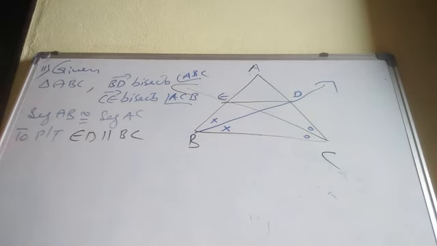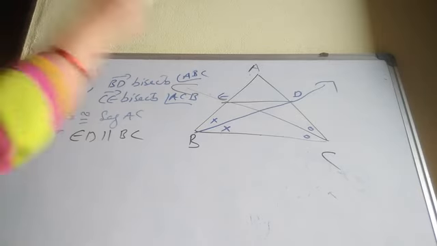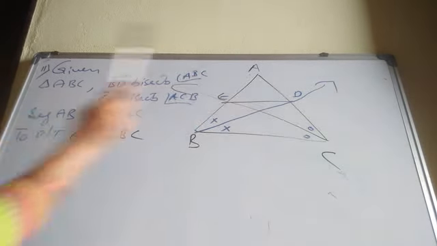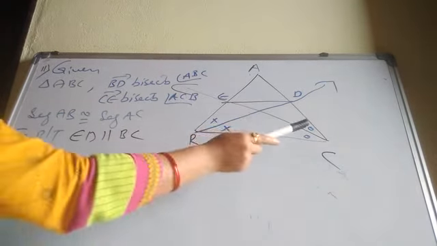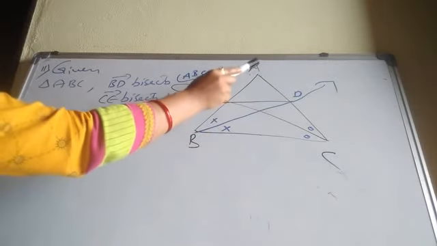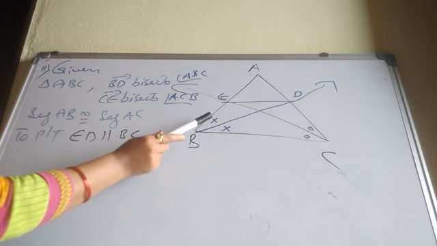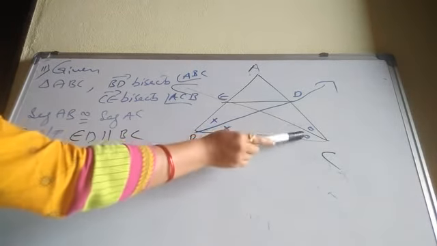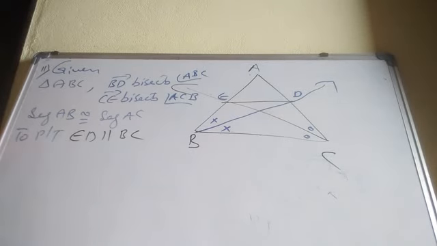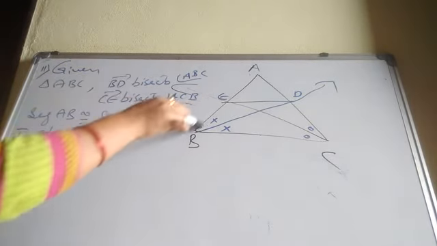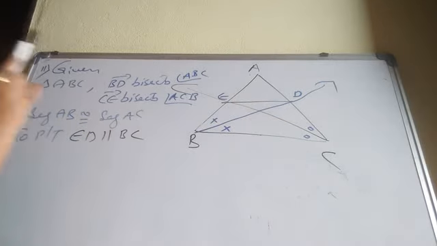To prove that, once again I will explain. In triangle ABC, ray BD bisects angle ABC and ray CE bisects angle ACB. These two angles are congruent and these two angles are congruent. And still, what is given? Segment AB is congruent to segment AC.